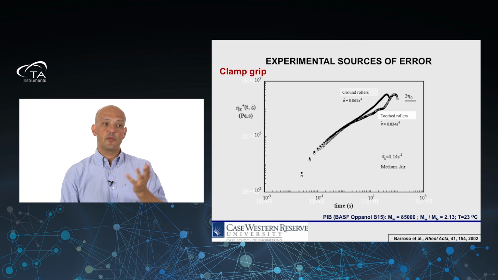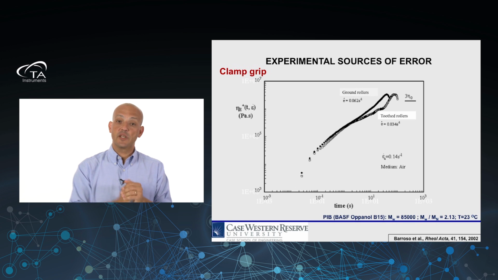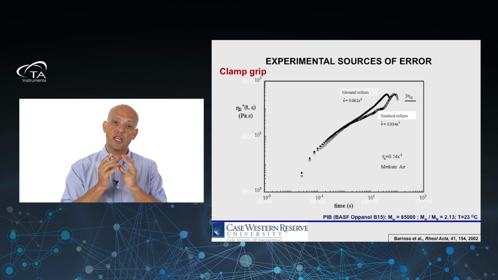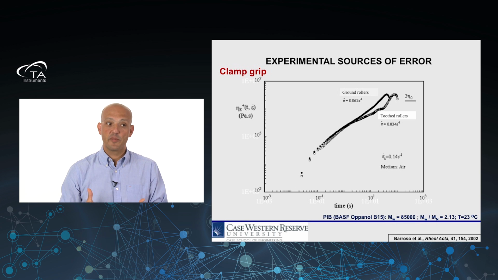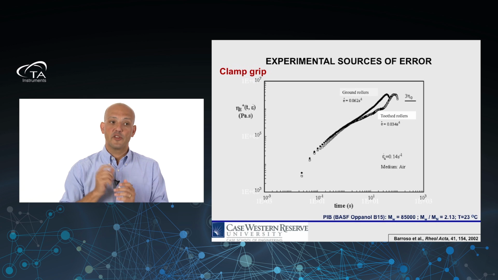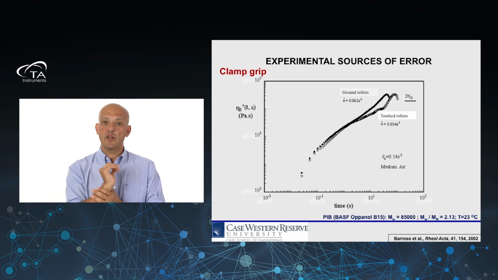And again, for example, if we try to change the grip to get better grip on the samples, especially in the case of constant sample length experiments, depending on the surface finish of those 4 rollers, you might get better grip or worse grip, and you might end up for the same nominal strain rate, and this case is an extreme case of polyisobutylene where the nominal strain rate was 0.14.